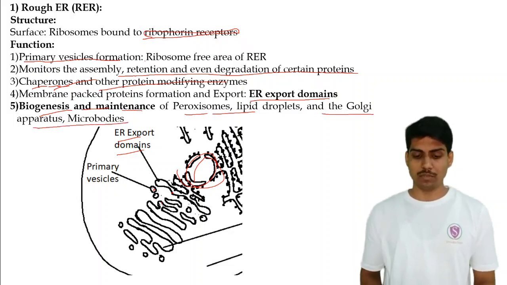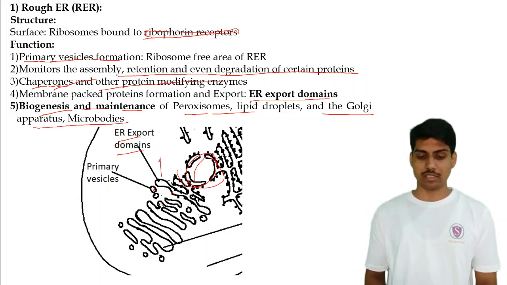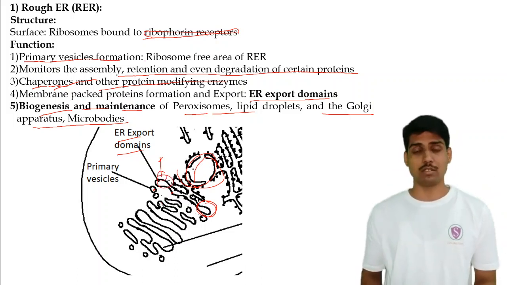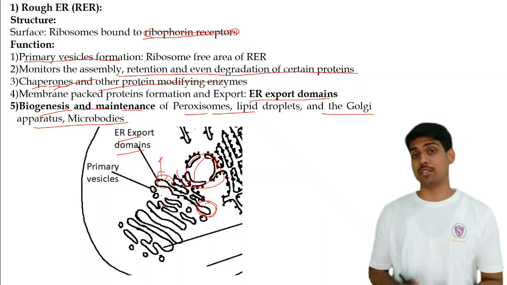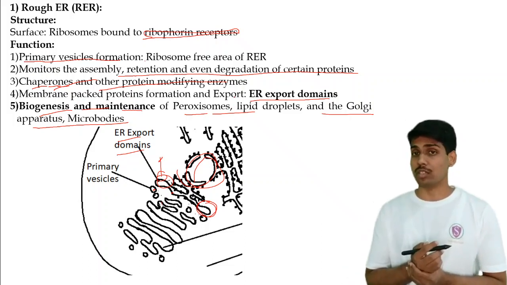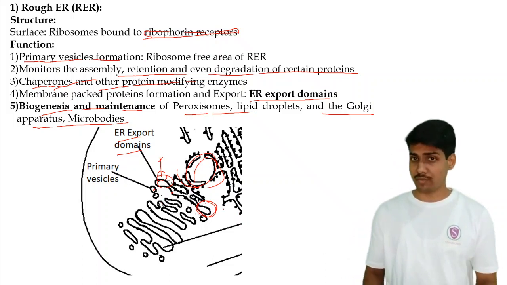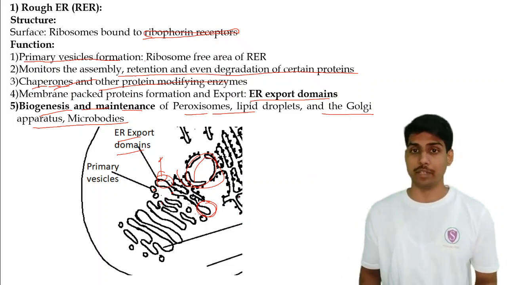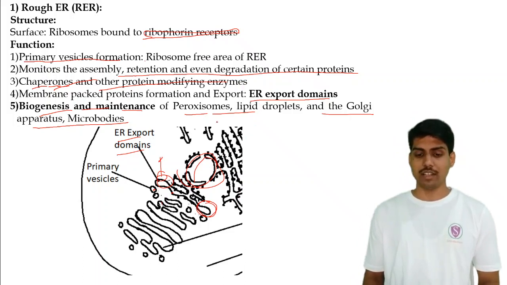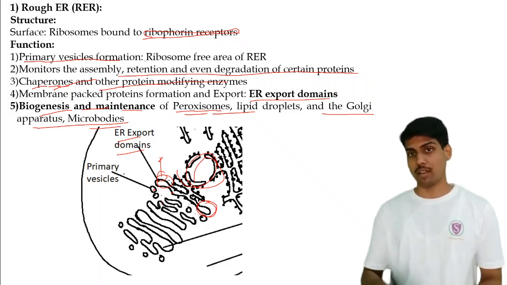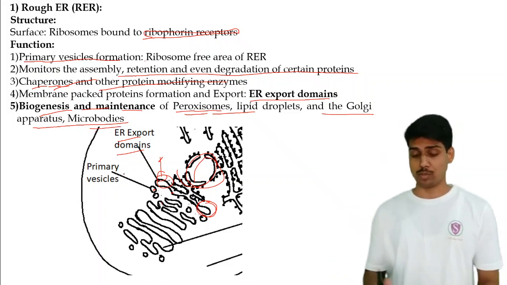All of these vesicles are formed from the export domain, the extended part of the rough endoplasmic reticulum, or some from the smooth endoplasmic reticulum, like the lipid droplets found near it. All of these originate from the endoplasmic reticular membrane. After the organelles, you will study what peroxisomes and microbodies actually are, after protein synthesis and ribosome structure.